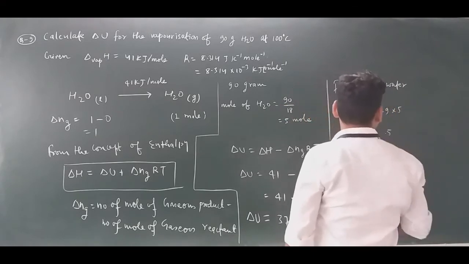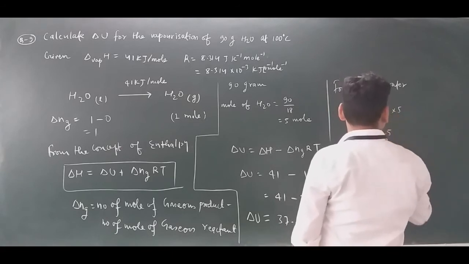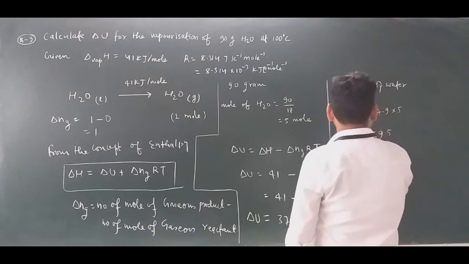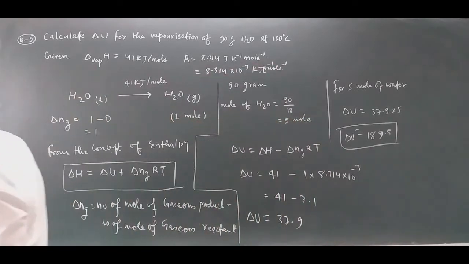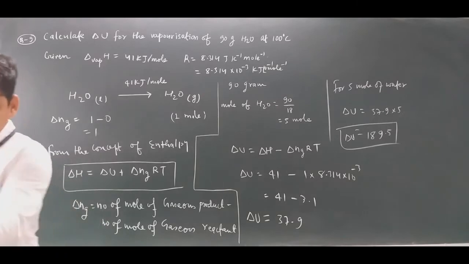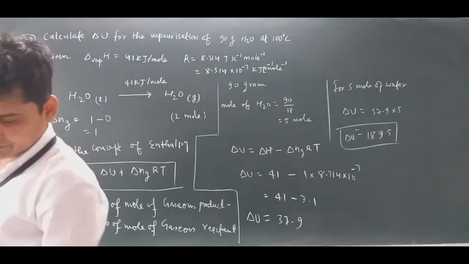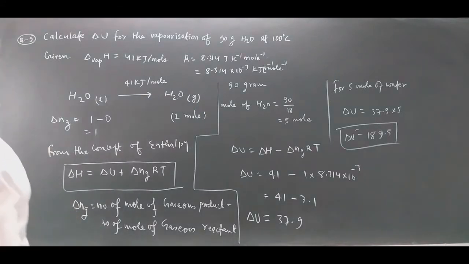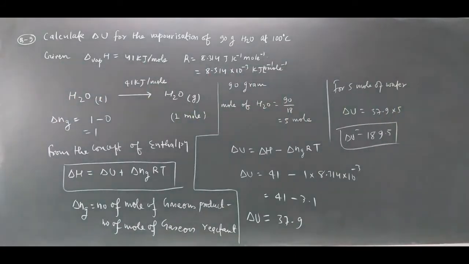So this delta U is 189.5. This is the actual answer, okay? So I hope you have understood this.